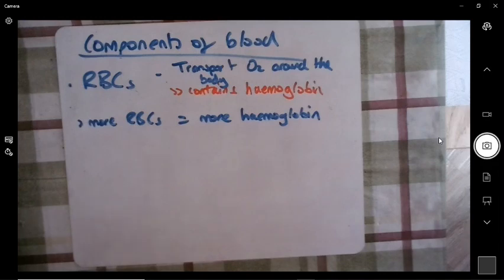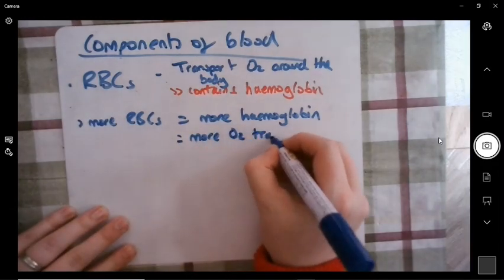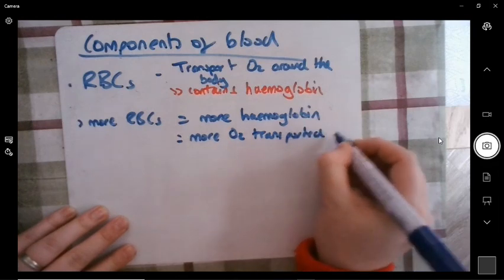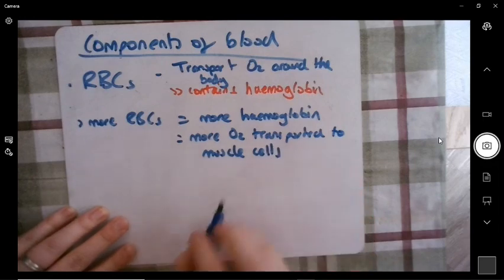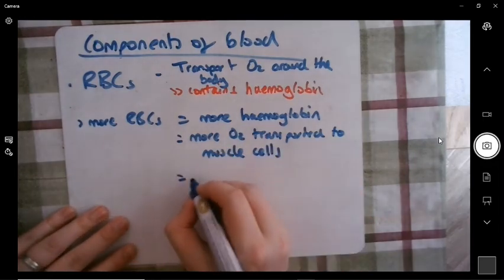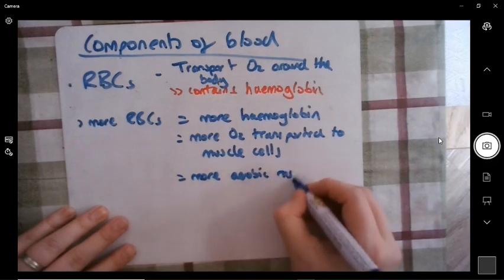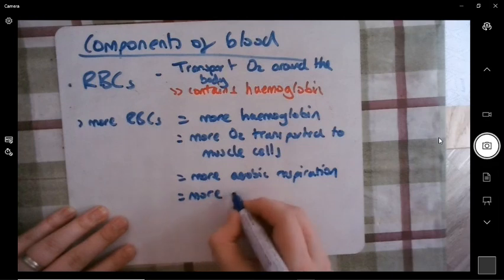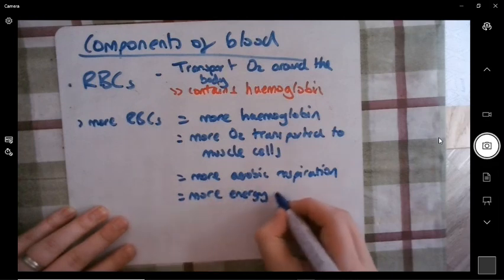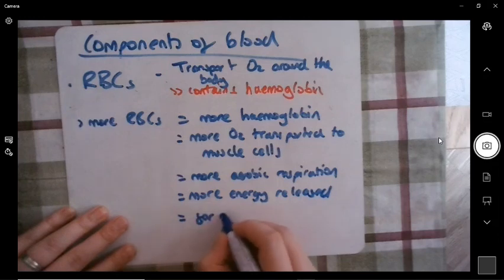More hemoglobin would mean more oxygen transported to muscle cells, wouldn't it, per second, as a rate. The more oxygen transported means those cells will be able to do more aerobic respiration, which means they'll be able to release more energy. More energy to contract those muscles.